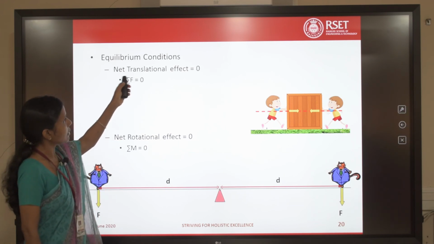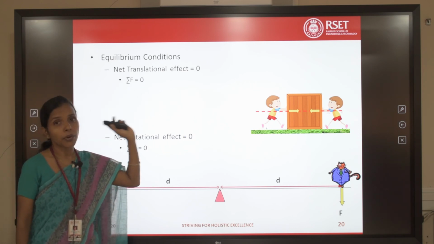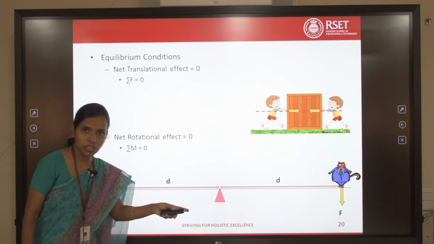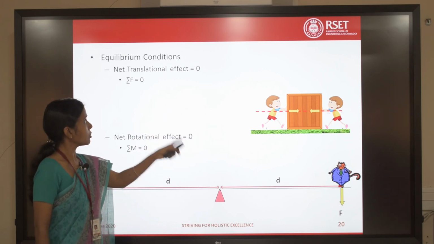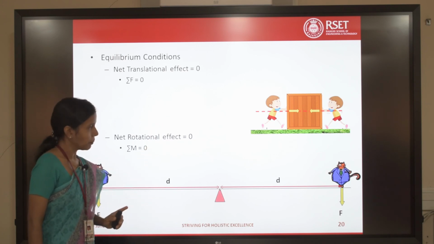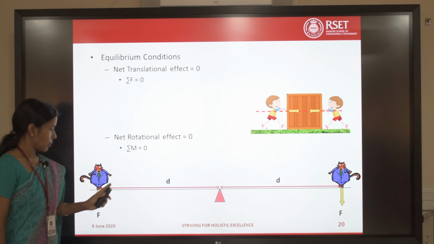So, what is the net translational effect of the force? Sigma F is equal to 0, the net component along the x direction and along the y direction. Sigma Fx is equal to 0, sigma Fy is equal to 0. The sum of all the forces in any given direction should be equal to 0. Now, what about the net rotational effect? It should be 0. Moment should be 0, right.